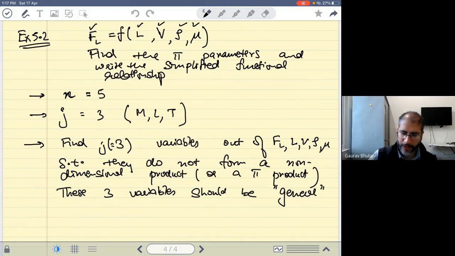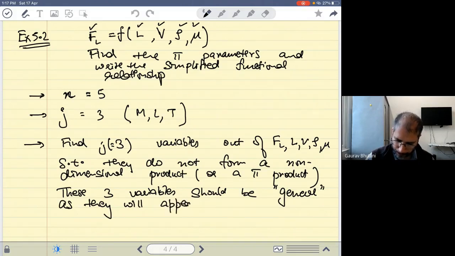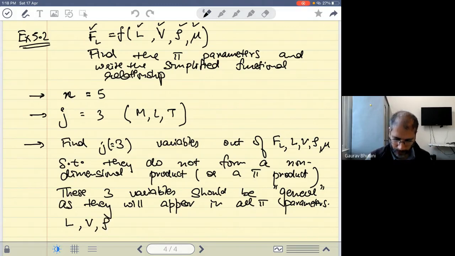The word general here means that since they will appear in all other pi parameters, they should be general. So in this case, we choose, let us say, the length L, the velocity V, and the density rho.